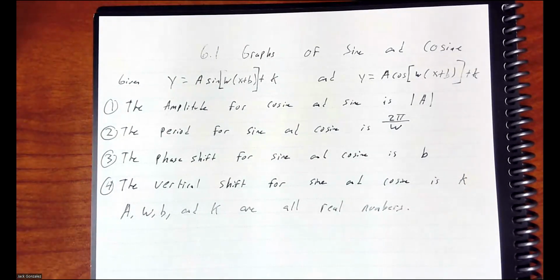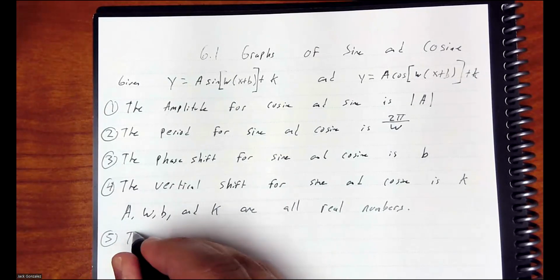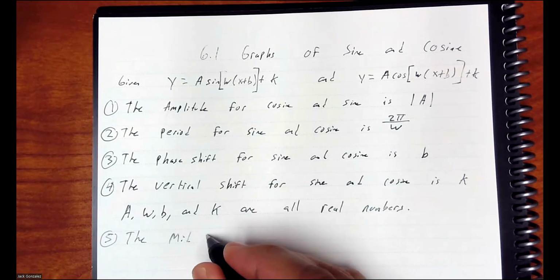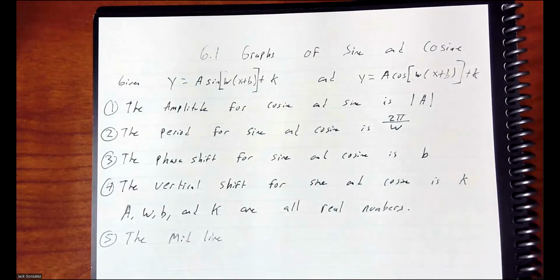They need to be defined. Now, there's one more thing that the homework asks about. I think they call it the midline. Let's go look at that in a second. Come back to this.